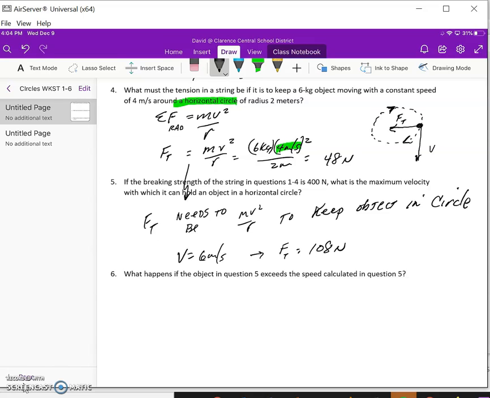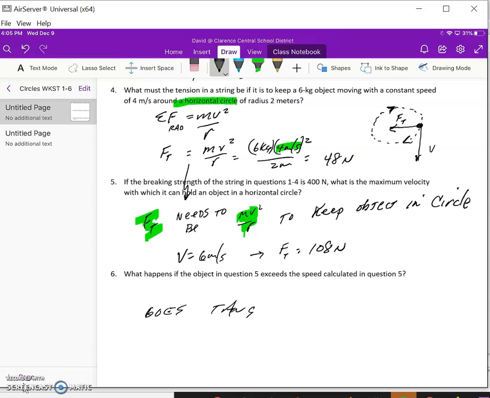Well, some strings can't provide 108 newtons. If the amount needed, which is over here on the right side, exceeds the tension that can be provided, the object can no longer stay in the circle. In which case, that's our answer to question number 6, the object goes tangent.